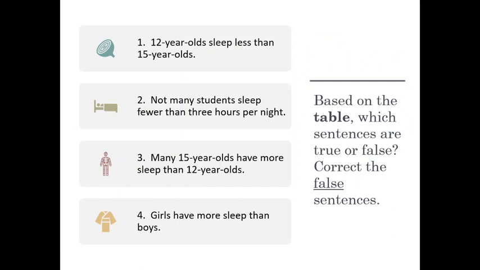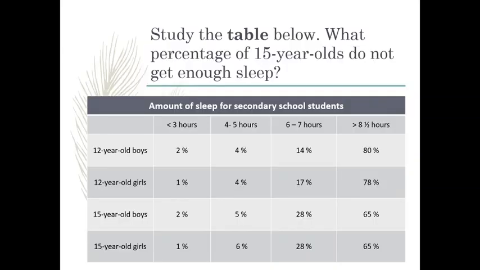Number three, many 15-year-olds have more sleep than 12-year-olds. So 15 and 12. Look at 8 hours, more than 8.5 hours, because as you know, the recommended number of hours of sleep that we need is 8 hours. If you take a look, do 15-year-olds sleep more than 12-year-olds?